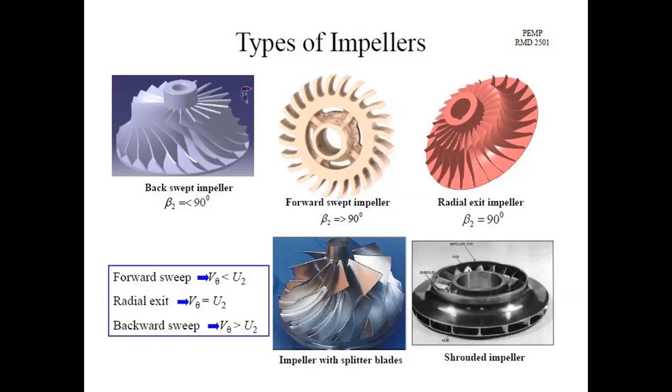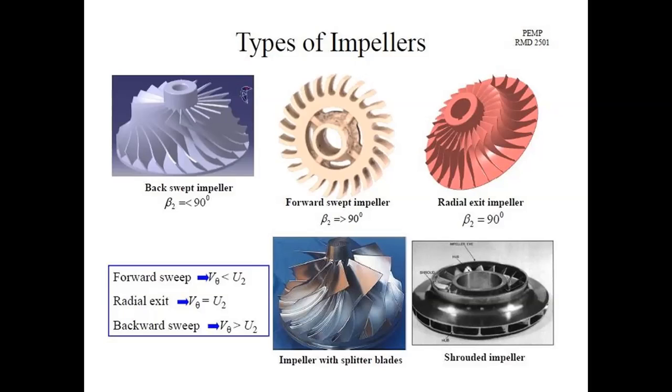See here, for radial exit, V theta equals U2, and for backward sweep, V theta is greater than U2. Backward sweep impeller: beta 2 is equal to or less than 90 degrees. Forward sweep impeller: beta 2 is equal to or greater than 90 degrees.